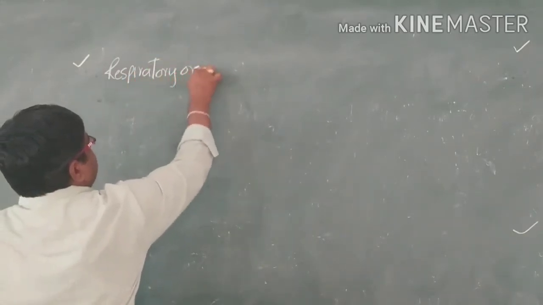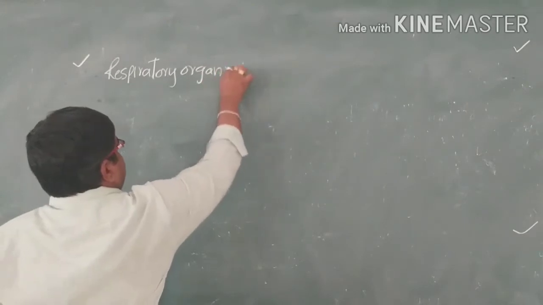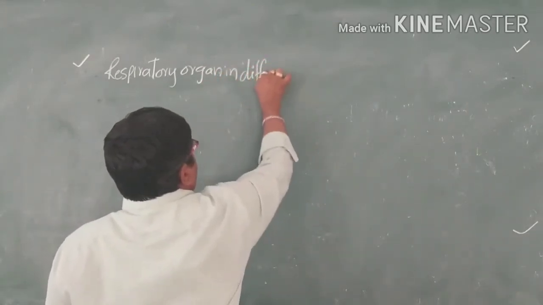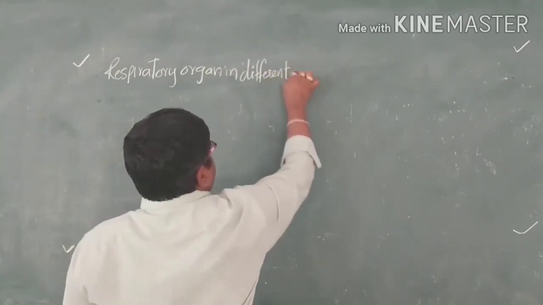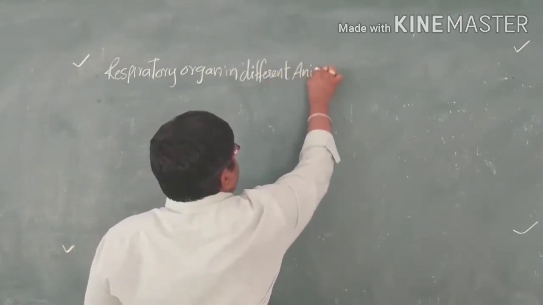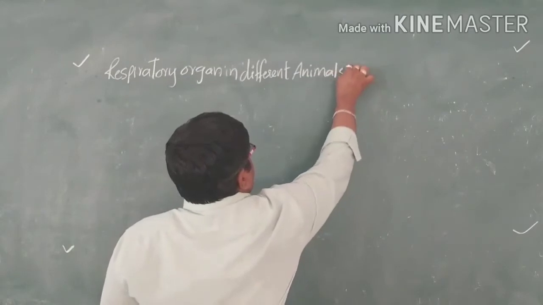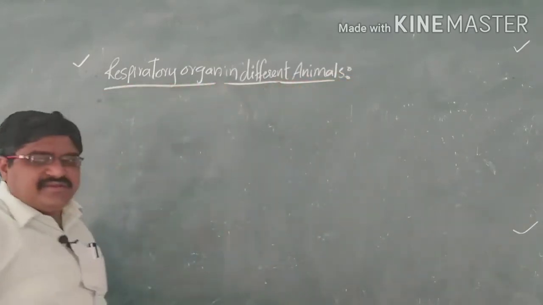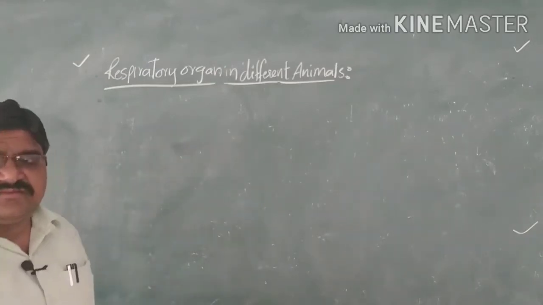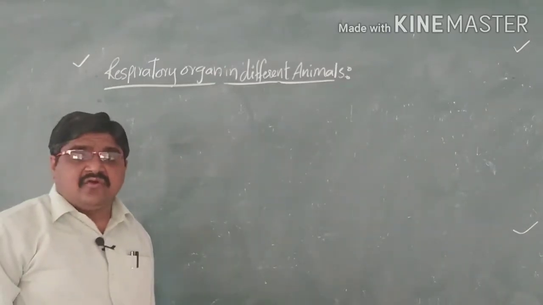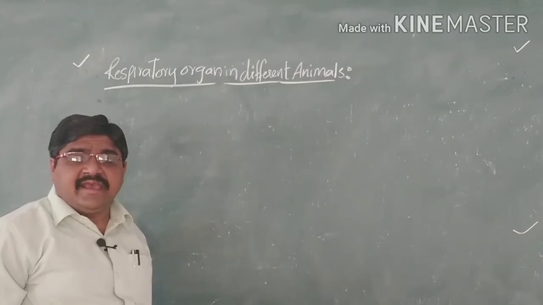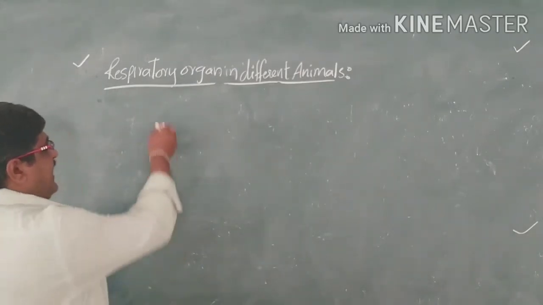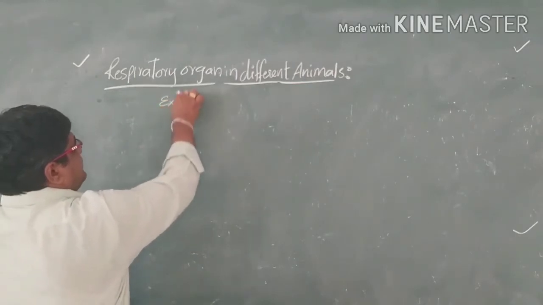Different animals use respiratory organs of different structures. These respiratory organs are mainly helpful for the exchange of gases.